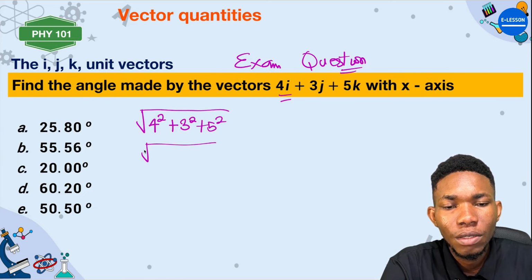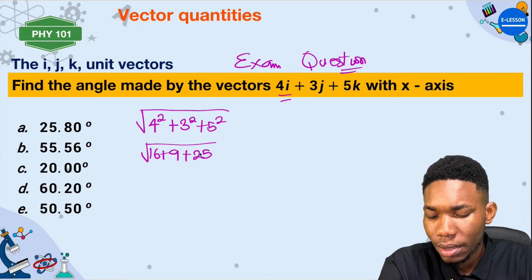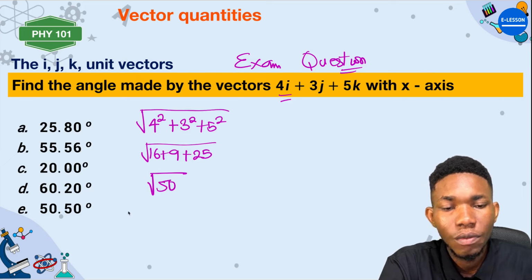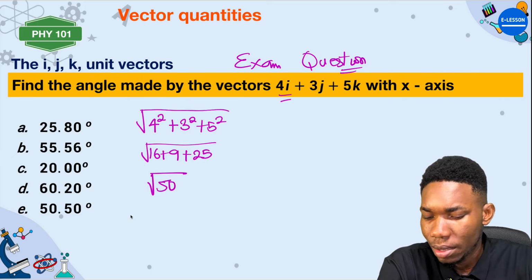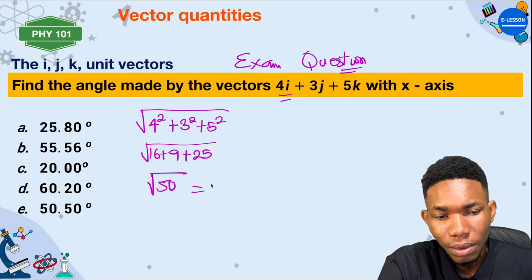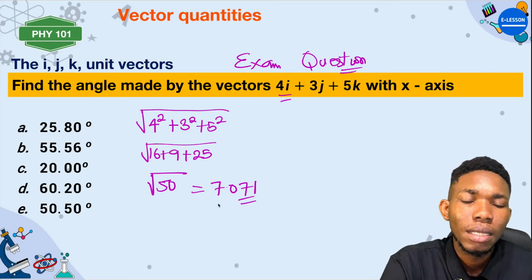So 4 square is 16, 3 square is 9, 5 square is 25. So we have 16 plus 9 plus 25, which is 50. So we'll have root 50. Now, my dear students, the square root of 50 is 7.071. All right, that is that.